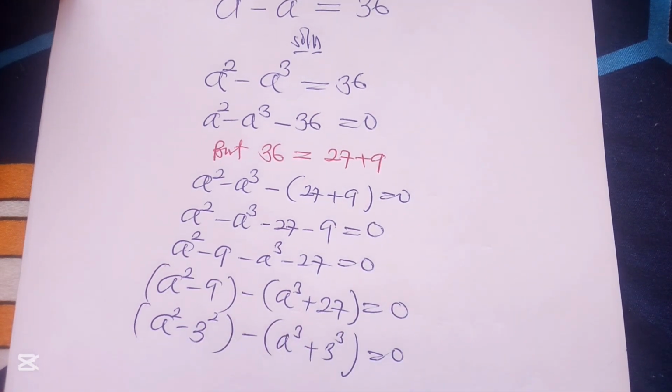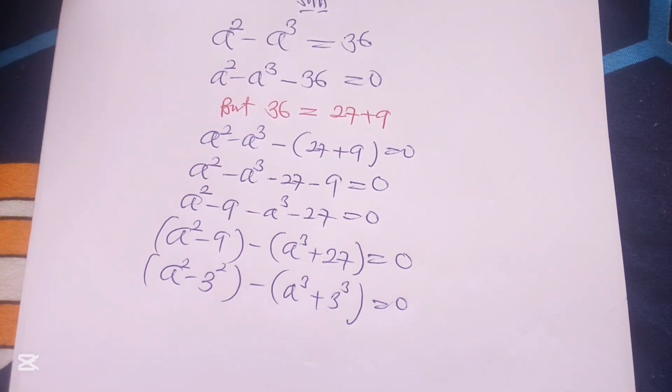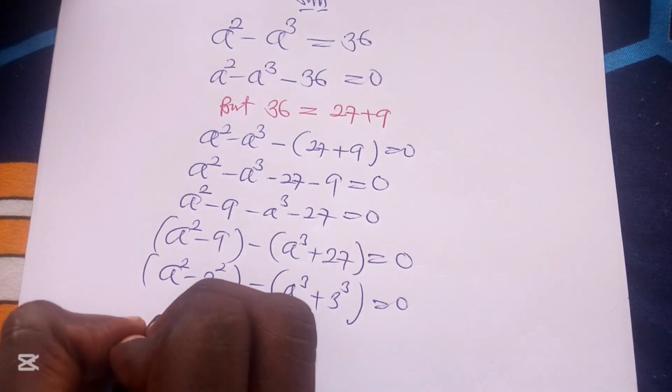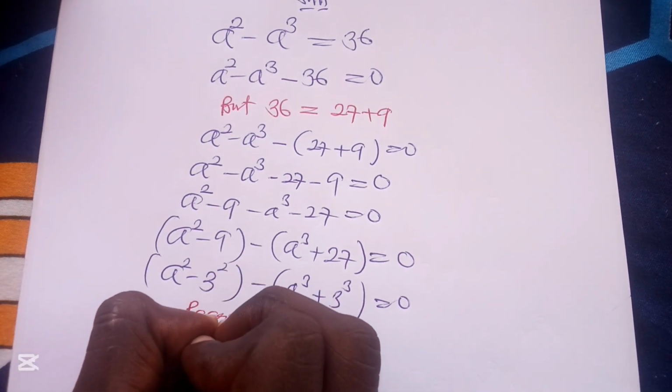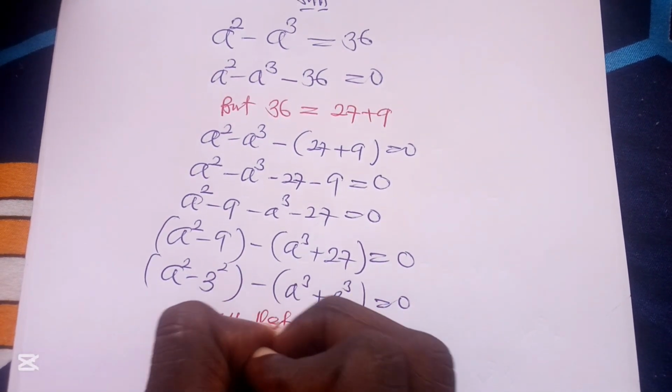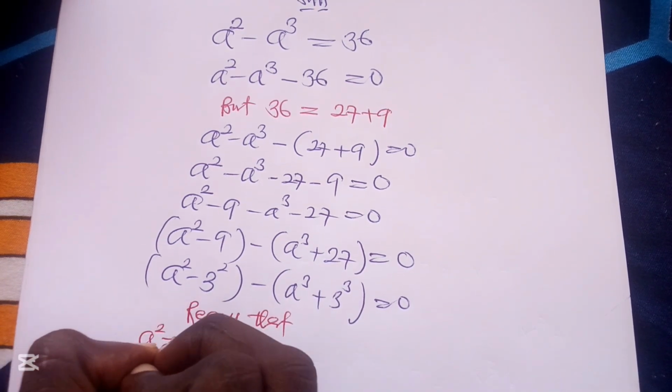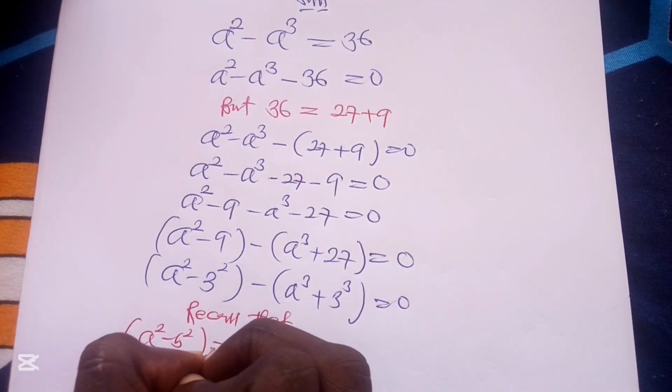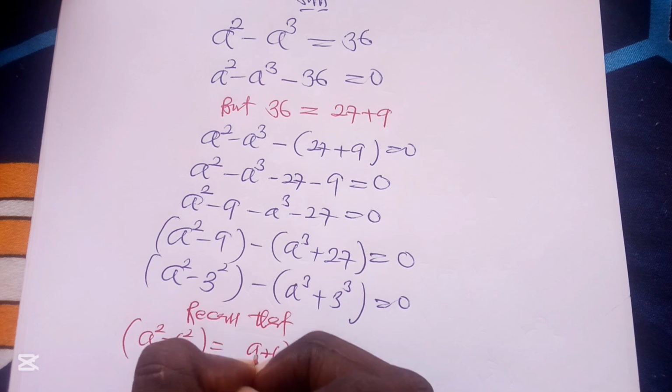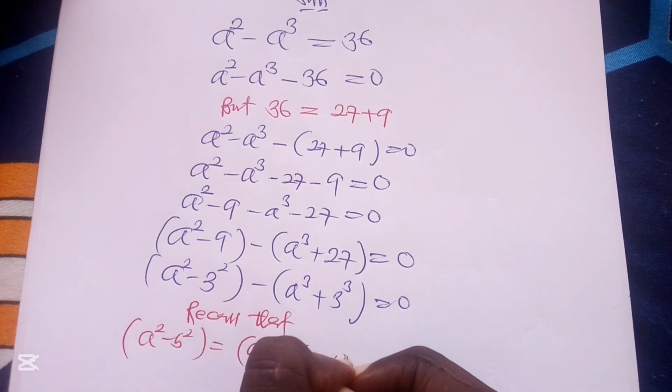Now from this point, we can automatically see, we recall that a square minus b square can also be expressed as a plus b into a minus b.